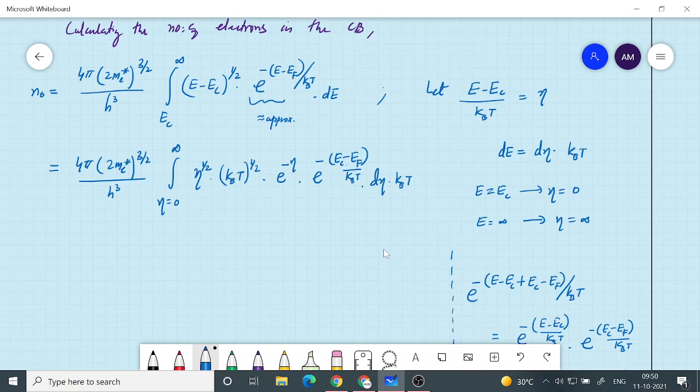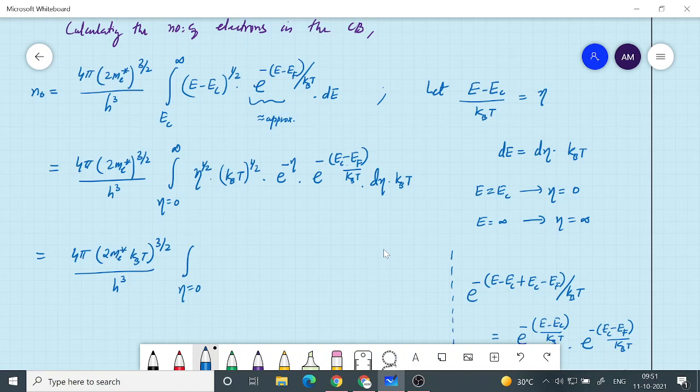So there is kBT raised to half here and kBT here. Together, if I combine, it will be kBT raised to 3 by 2. So I can now put that kBT also here along with 2m star. So that will be equal to 4 pi into (2m star kBT) the whole raised to 3 by 2 by h cube integral eta equal to 0.